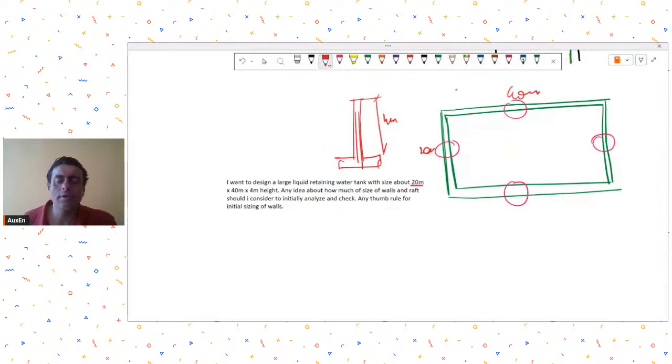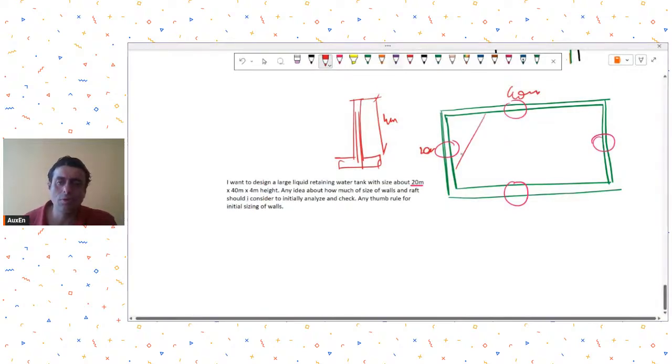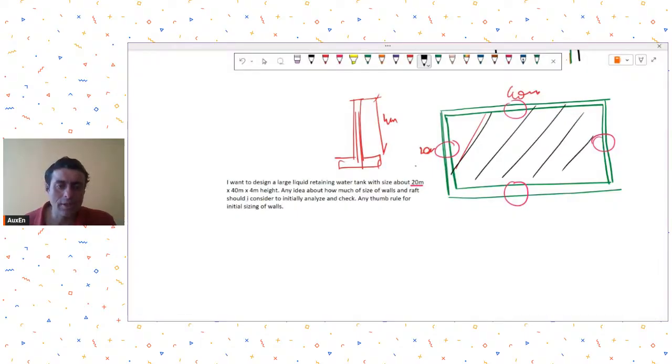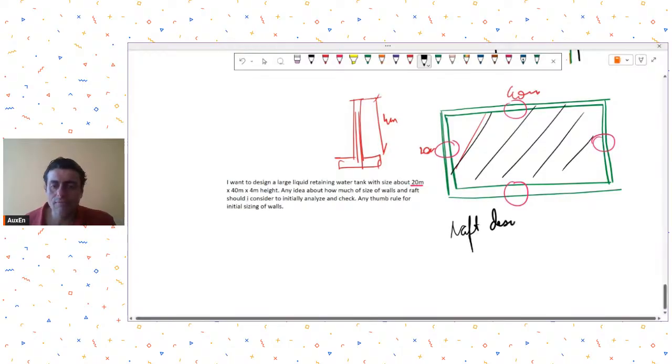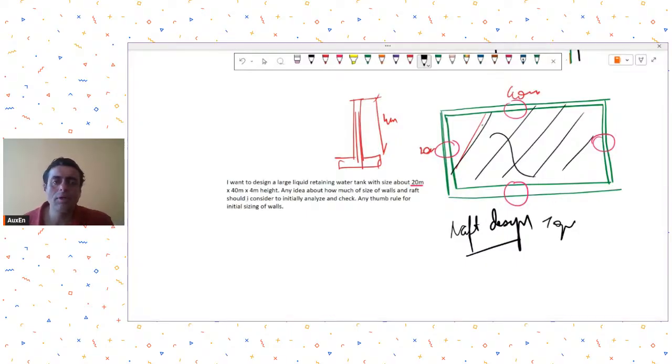But the problem will be with the raft. I don't know what your case is, whether this is on ground or underground, but the problem will be when it comes to raft design and top slab design. You cannot have a top slab of 20-meter by 40-meter span, so you may have to provide some internal column grid.